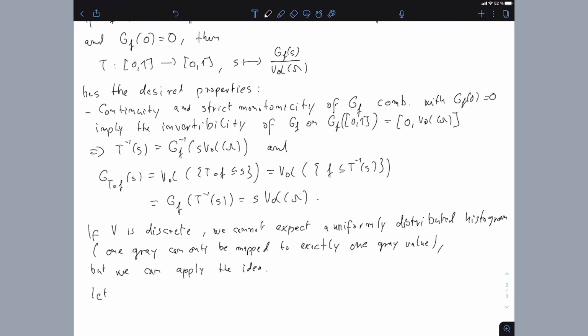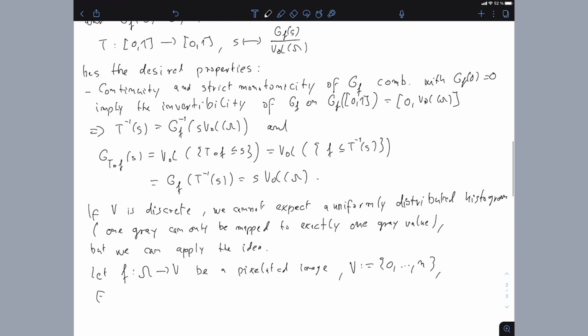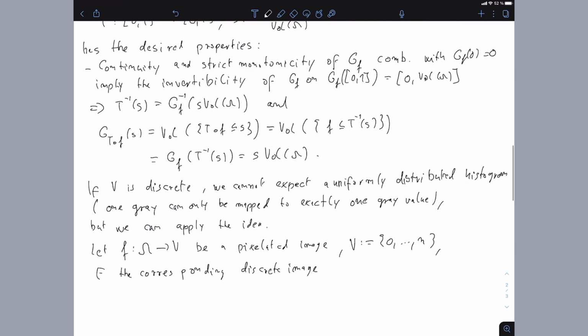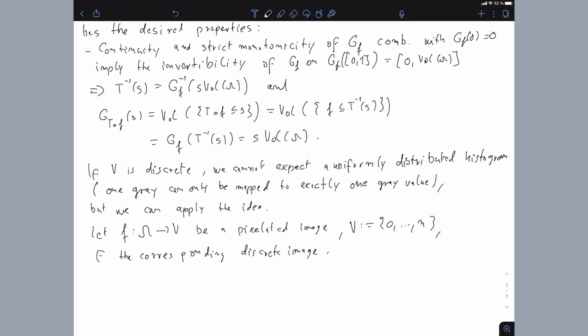And for this, we now take a pixelated image with a value range of 0 to n, and as usual, capital F the corresponding discrete image. And now we define a rounding mapping.